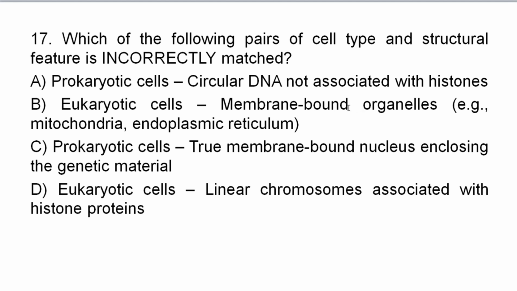C, prokaryotic cells, true membrane-bounded nucleus enclosing the genetic material. D, eukaryotic cells, linear chromosomes associated with histone proteins. Which one is incorrectly matched, or incorrectly paired, of the cell type and structural features of prokaryotic and eukaryotic cells?